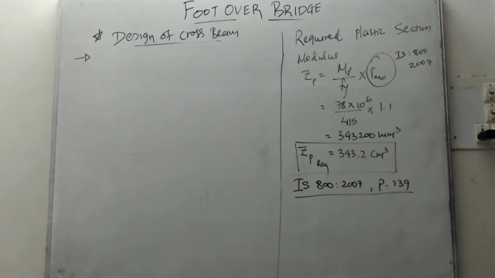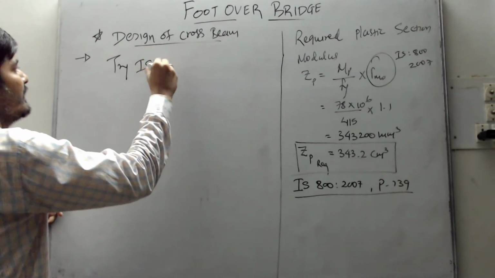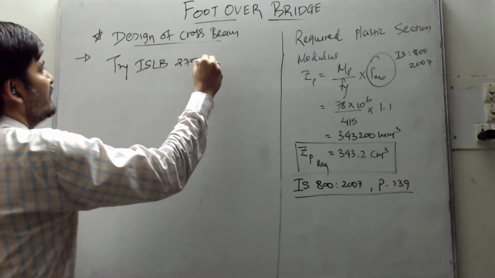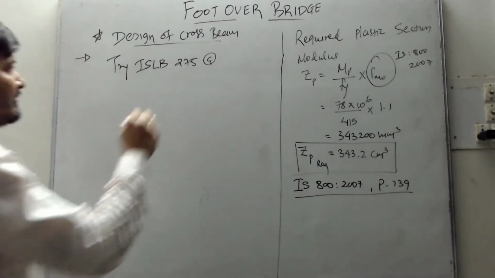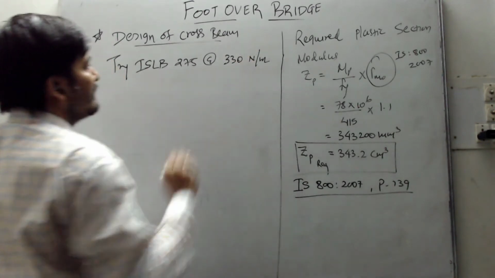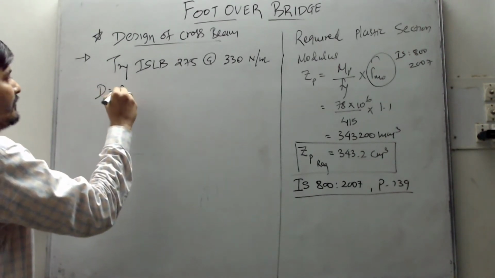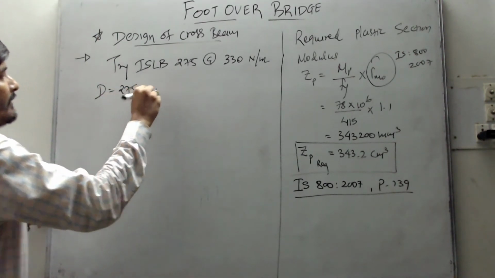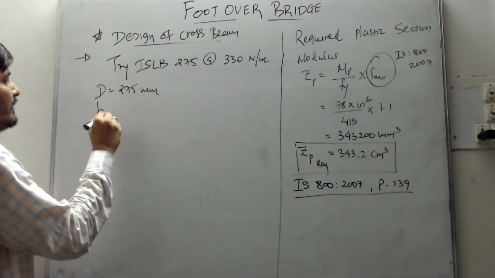Try ISLB 275. The weight given on that page is 330 Newton per meter. Now I note down the important properties: the depth D is 275 mm. Then the width of flange BF is 140 mm.